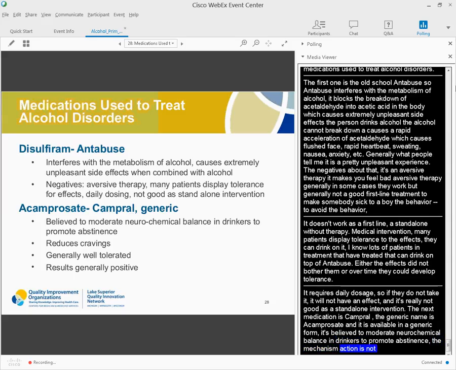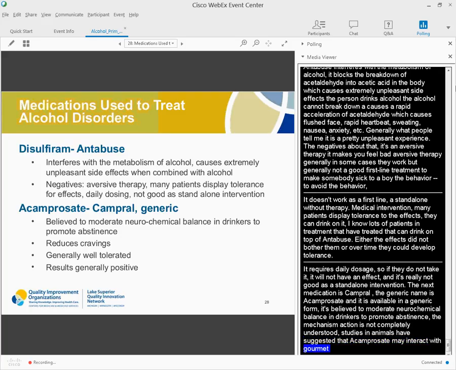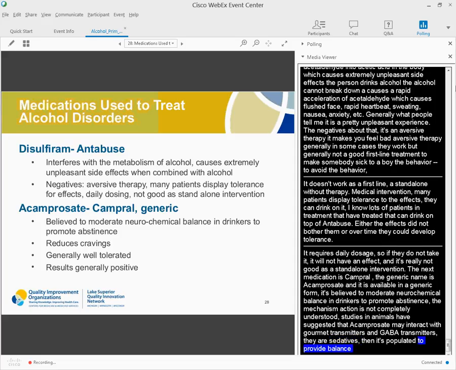but studies in animals have suggested that acamprosate may interact with glutamate and GABA neurotransmitters. Glutamate and GABA neurotransmitters are sort of like sedative neurotransmitters, and it's purported to provide some balance in the brain, which in turn reduces cravings, and it's generally well tolerated by most patients.